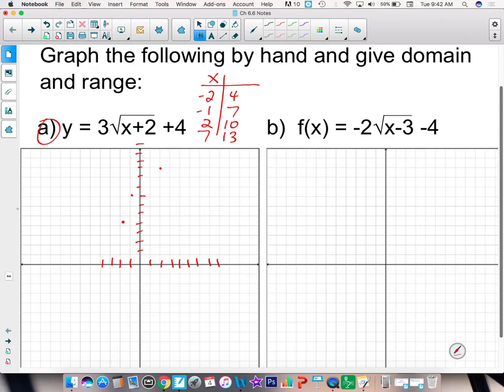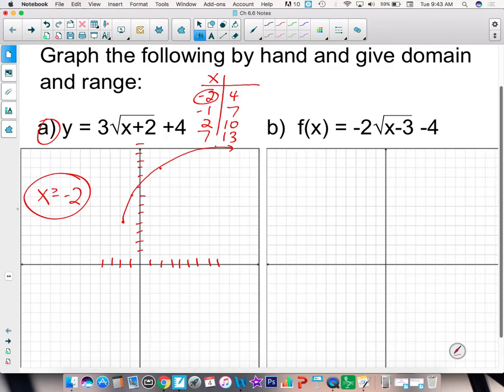Going to be kind of about up here. So you can kind of get that general curve of your square root function there. Okay, and then you can see your starting point is there. So your domain is going to be right of that starting point. So we're starting at a -2, what we chose for our XY chart, so your domain is going to be x is greater than or equal to -2.